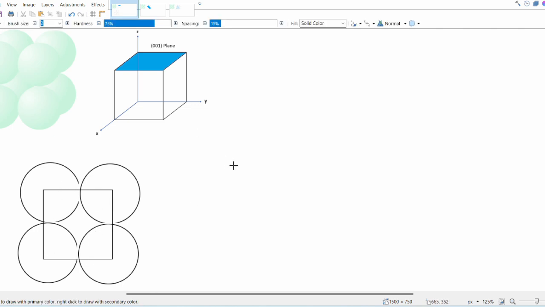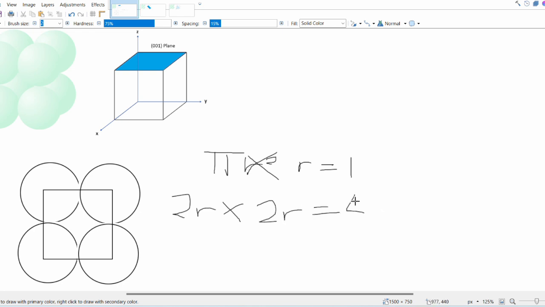And as you know, the area of a circle is just pi r squared, with r being equal to 1 for this case. We can just take that out. And with the area of the square being 2r by 2r, the area will be 4.